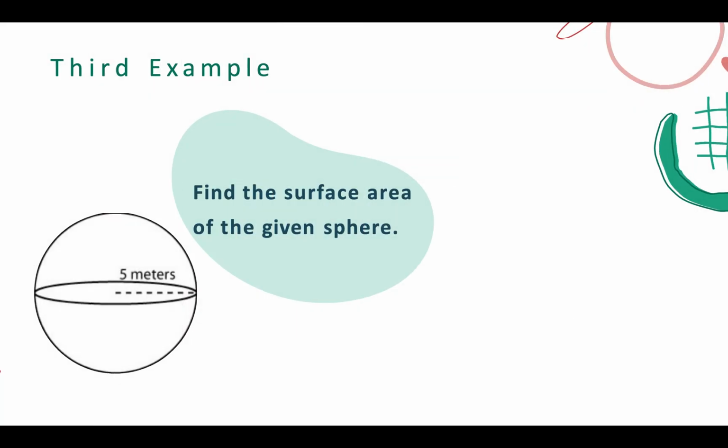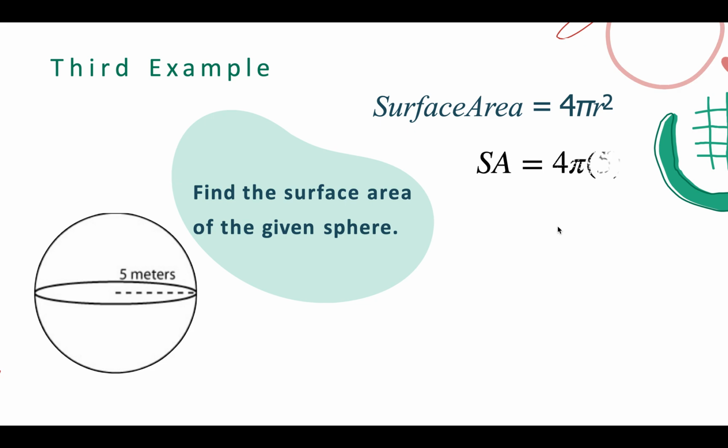Next, for the third and last example, find the surface area of the given sphere. Looking at the sphere here, the given is a radius, this line, and the radius is 5 meters. So use the formula for the surface area of the sphere, which is 4 pi r squared, and then substitute the radius, which is 5 meters.